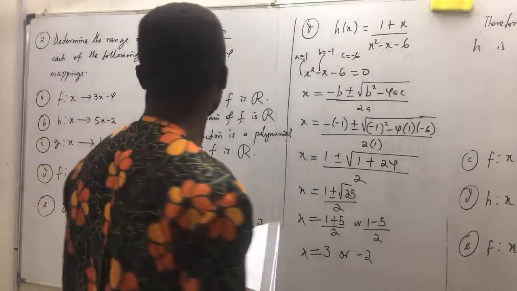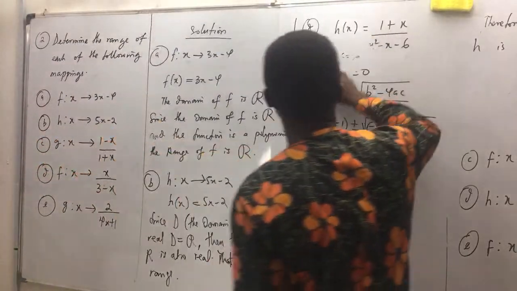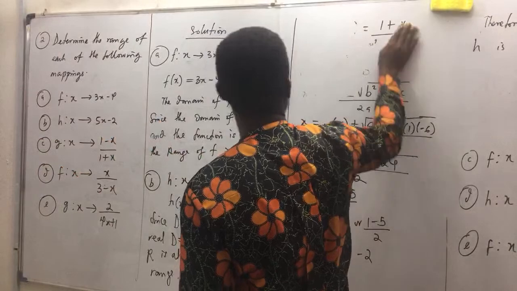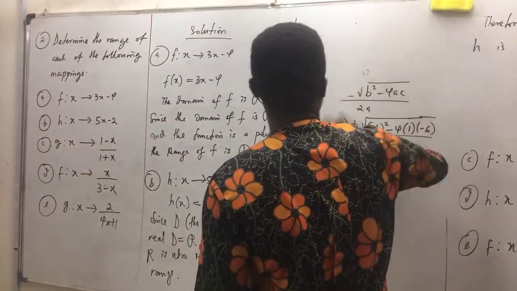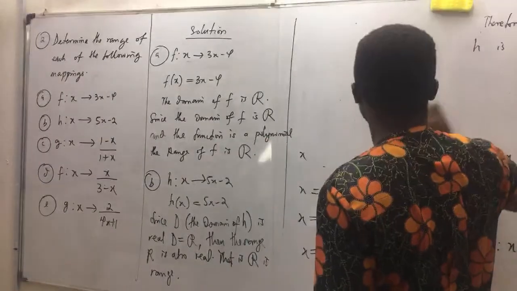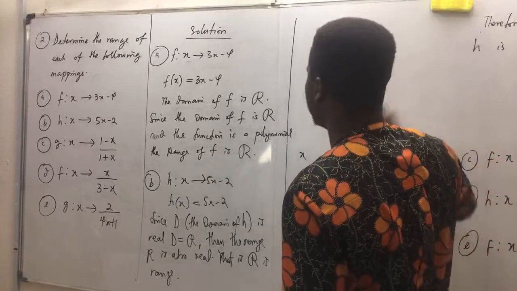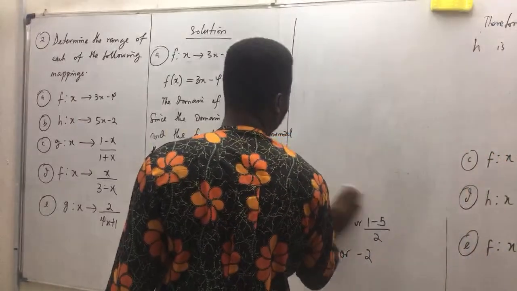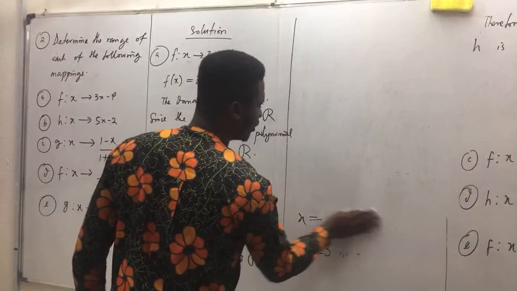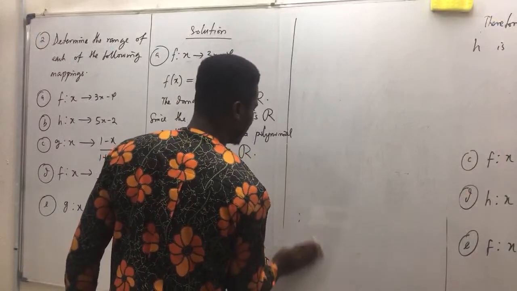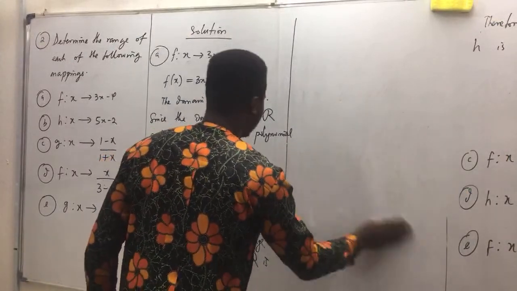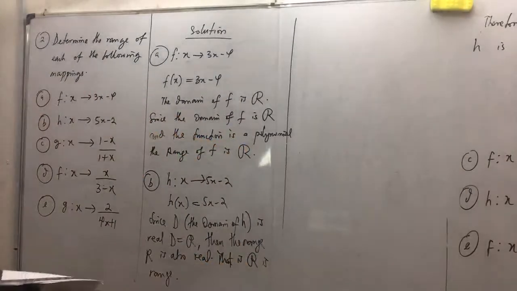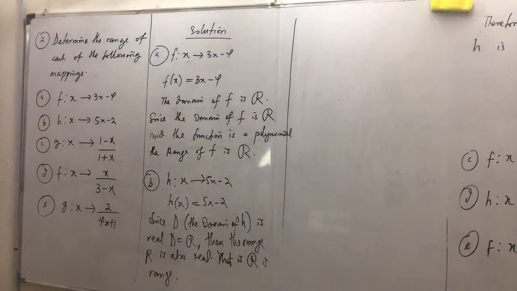Now, let's go over to the next question. That is question C. Let's attempt question C. Now you will notice that question C is a rational function. Okay? So, what will be the range of this function?